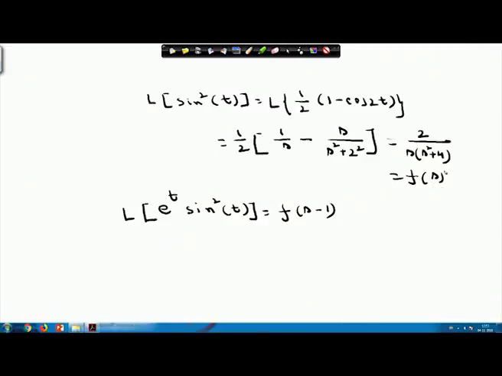F of (s minus 1) means this will be 2 by (s minus 1) into ((s minus 1) whole square plus 4), and you can make it simpler also this way. So, I think it is clear. In the next classes, we will do some more examples and we will go through some more properties of Laplace transforms.